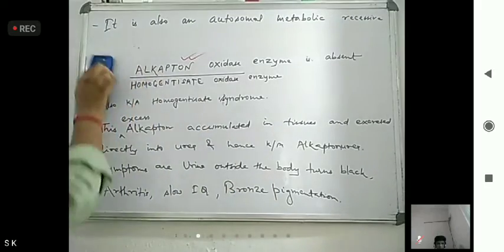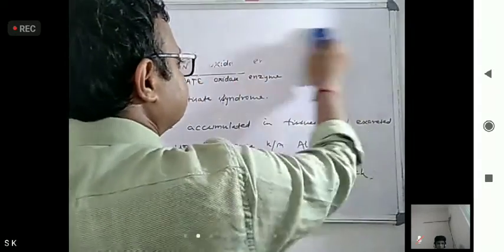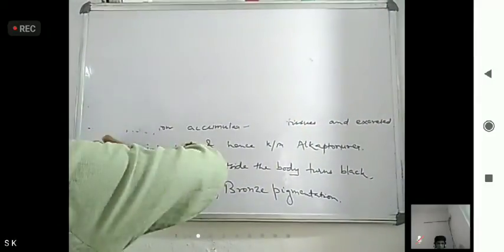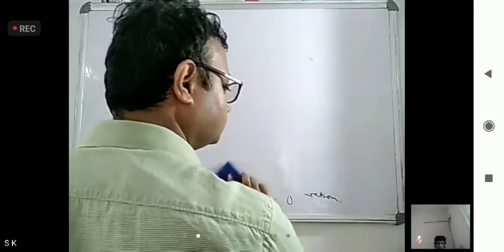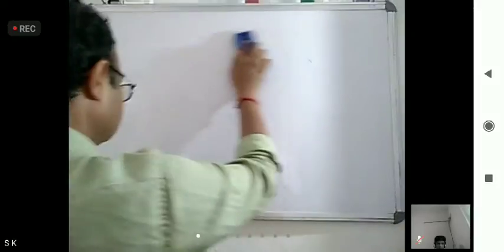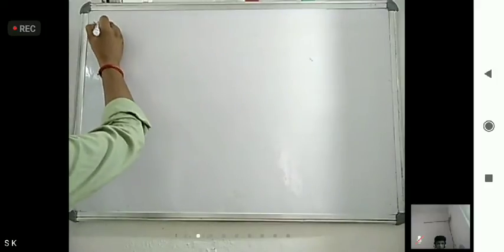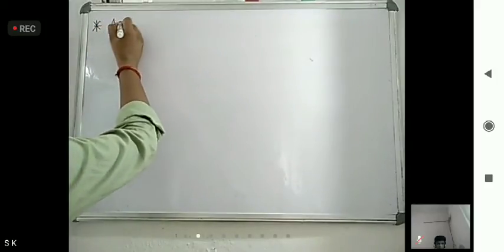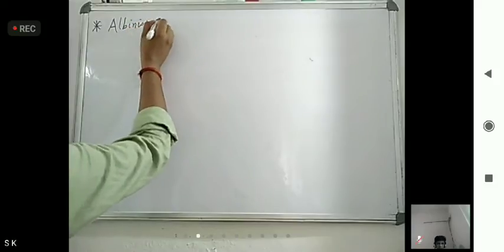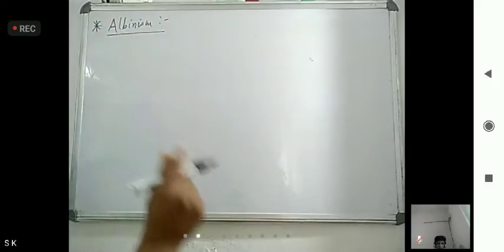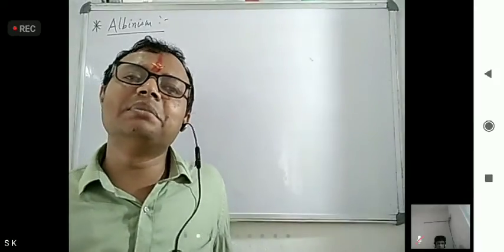Now, the next disorder is albinism. Albinism means having a problem in the pigment melanin.